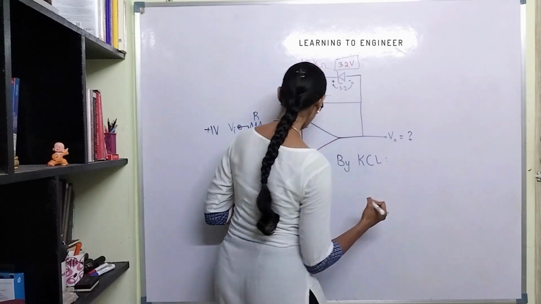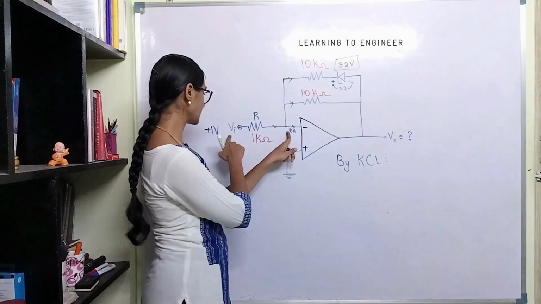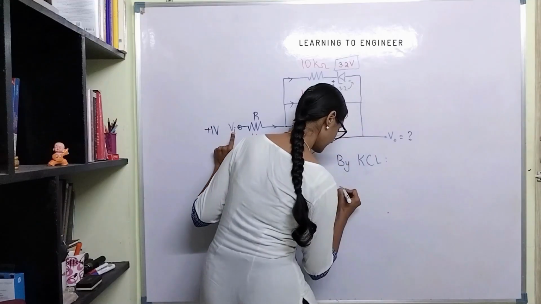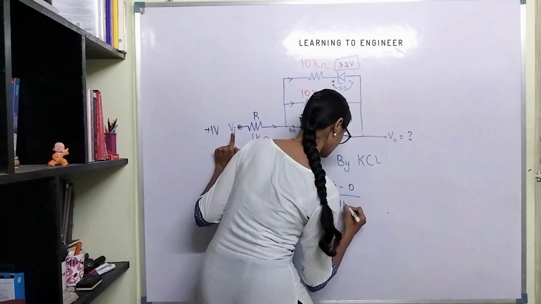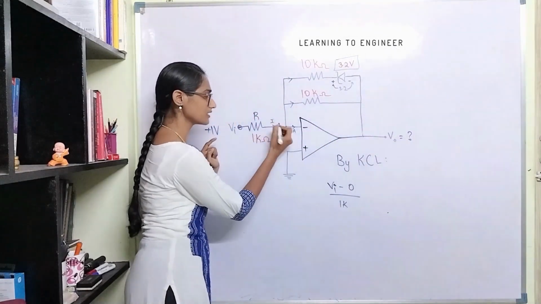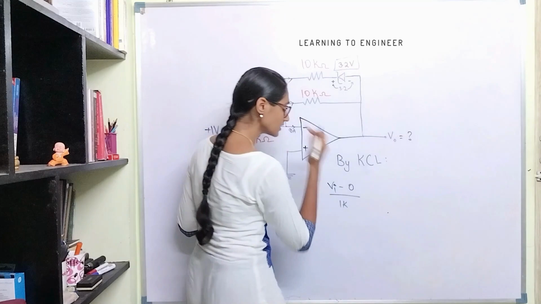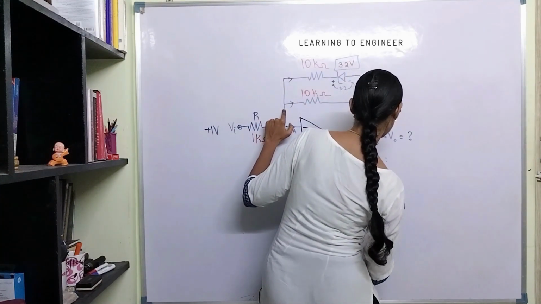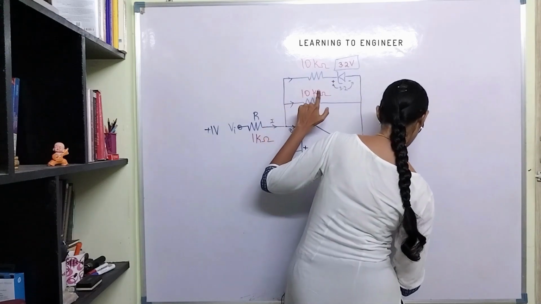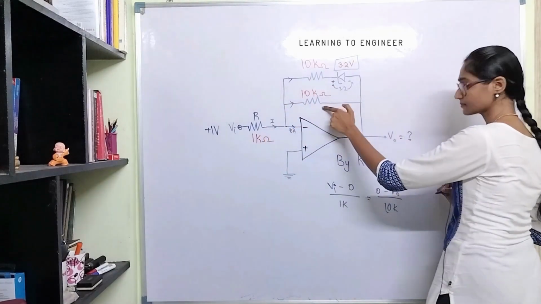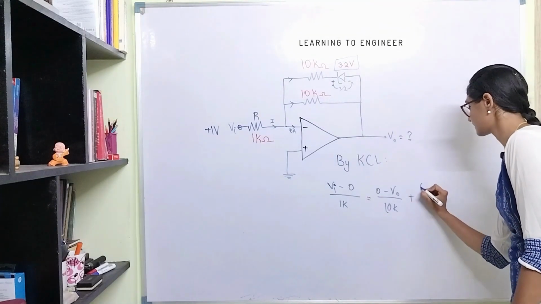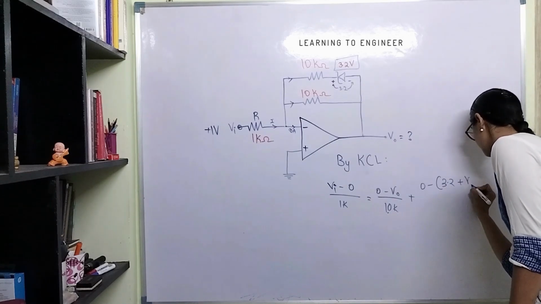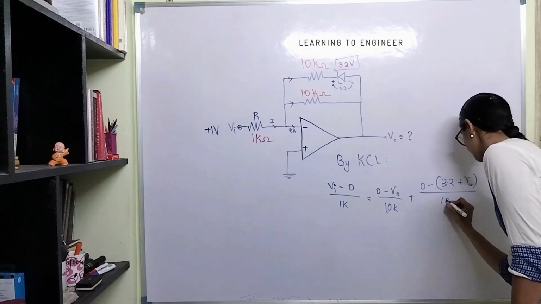By Kirchhoff's current law, at this node Vi minus 0 divided by the resistance will be this current, right? Vi minus 0 divided by 1K, which is this path, this current is equal to the split up of these two currents, right? So Vi minus 0 by 1K is equal to 0 minus V naught divided by 10K, which is the current through this path, plus 0 minus (3.2 plus V naught) divided by 10K.